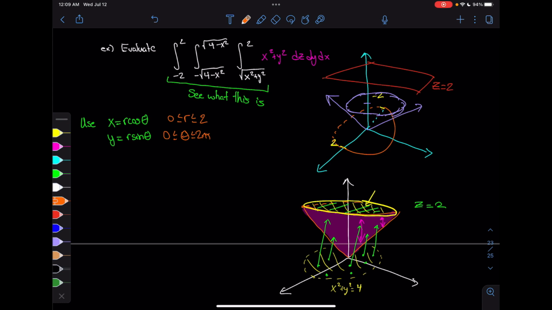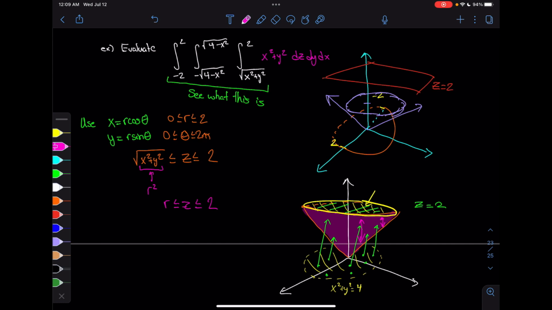So now all we need to do is figure out what z goes between, but z goes between the square root of x squared plus y squared and 2. But luckily, x squared plus y squared in polar coordinates is just r squared. So we really have z greater than or equal to r and less than or equal to 2. All right.